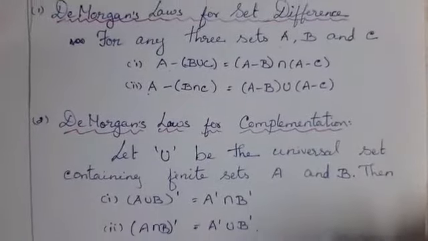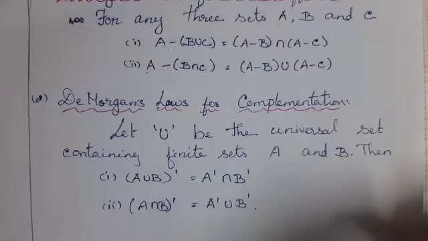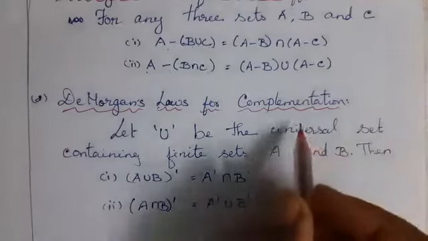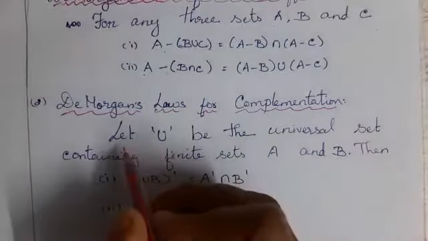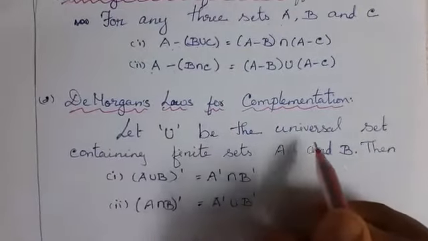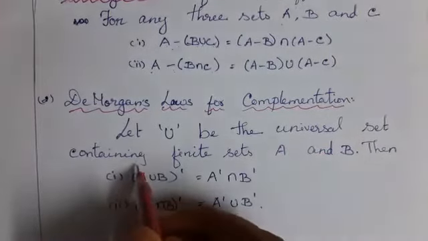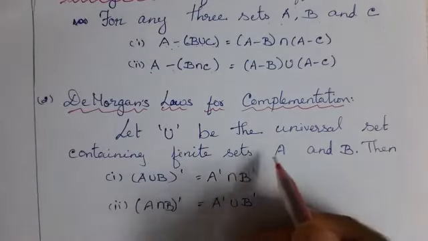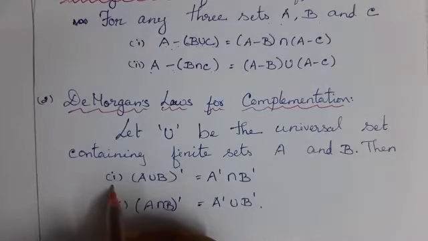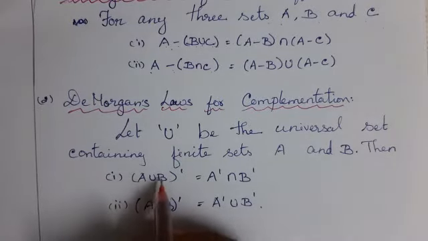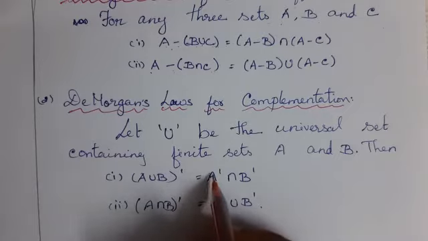Next, De Morgan's laws for complementation. For complementation, you must take the universal set. Let capital U be the universal set containing finite sets A and B. Then, first one, A union B the whole complement is equal to A dash intersection B dash.